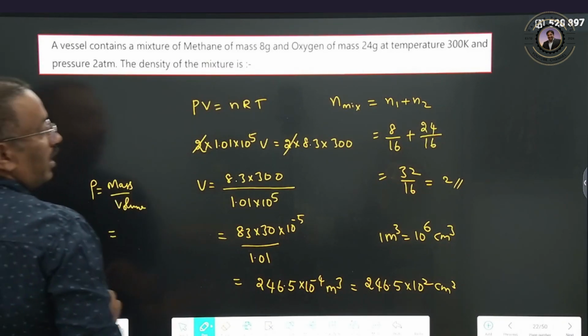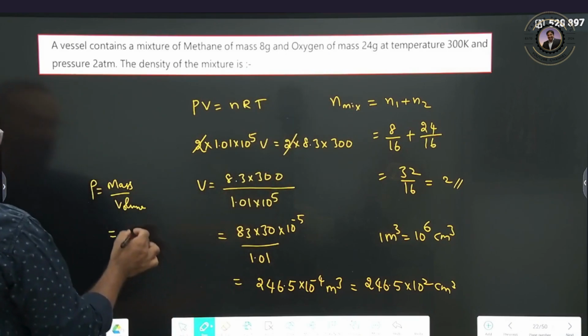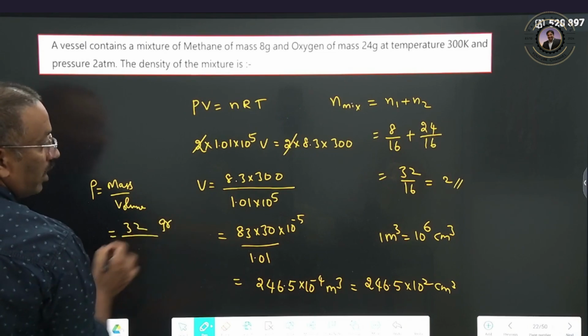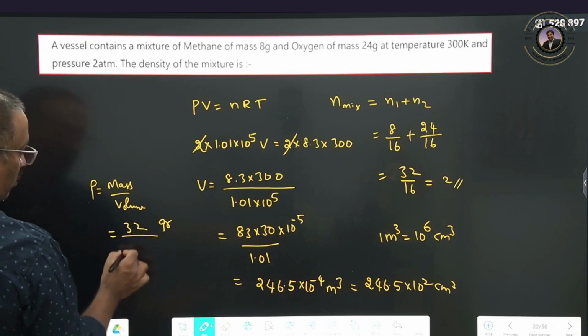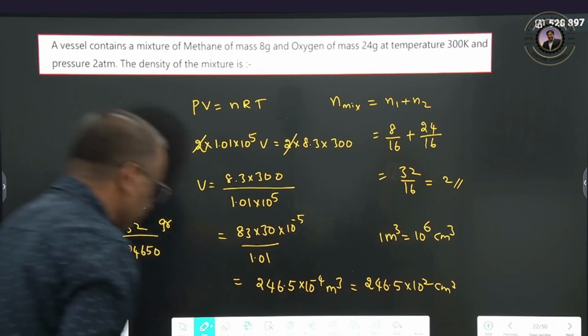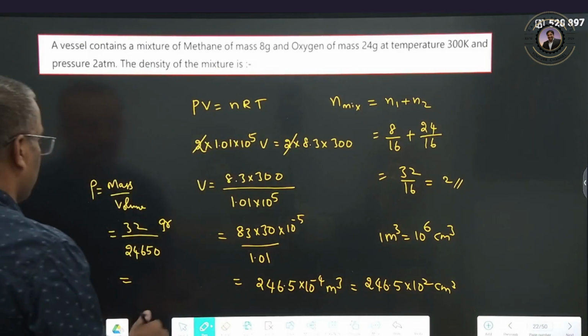How much mass is given? 8 plus 24 grams, so total 32 grams, divided by 24650 centimeter cube.